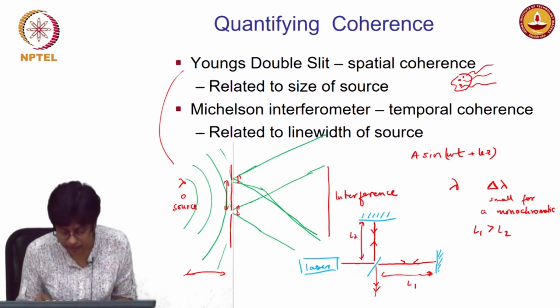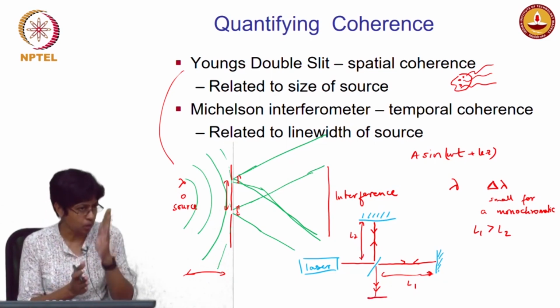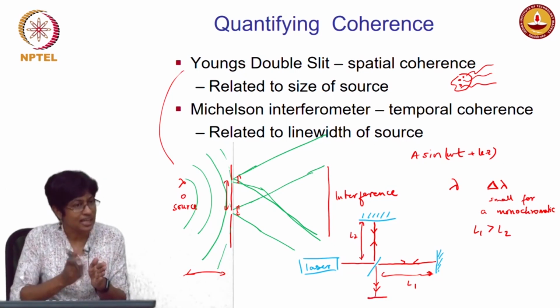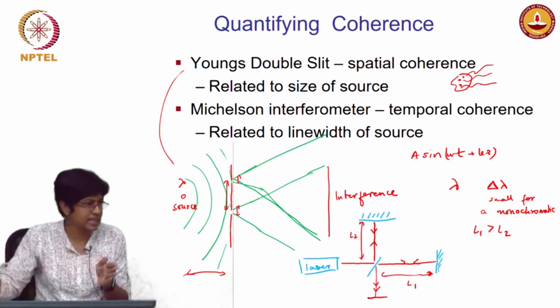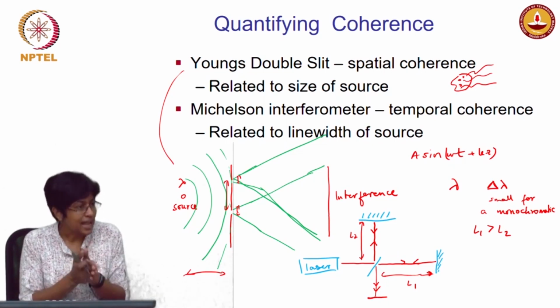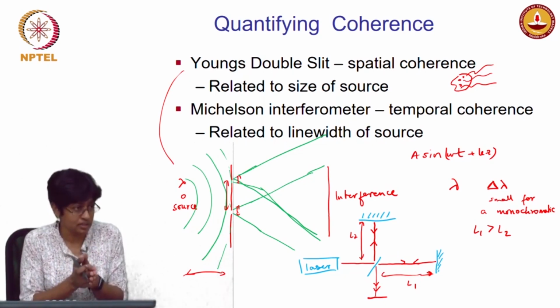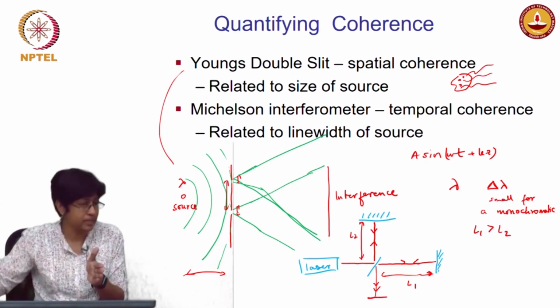So, if I look at an interference pattern here, it is as if I am interfering a wave with a wave that has travelled longer and is a delayed version of that wave, right. So, now when I look at the interference, that interference will tell me how well does the interference happen for a wave that is delayed.